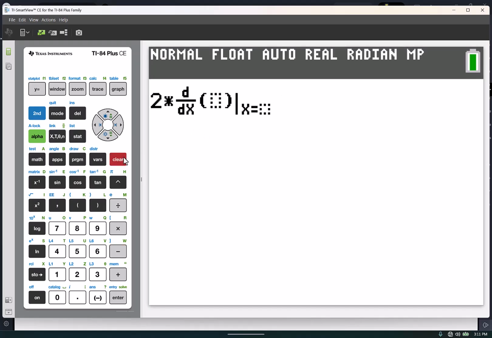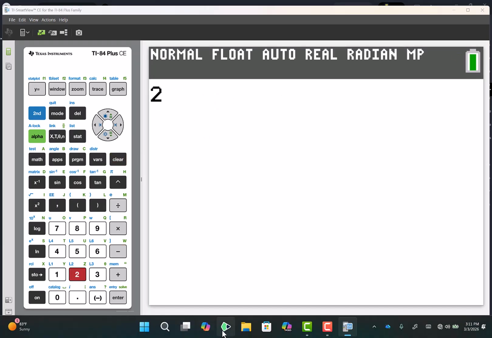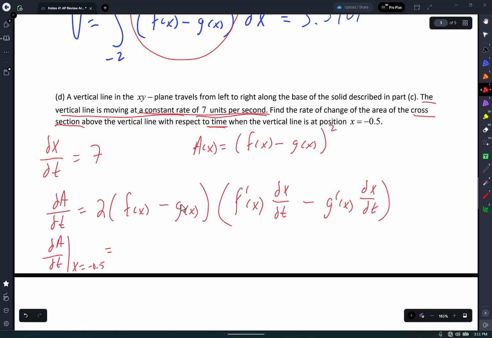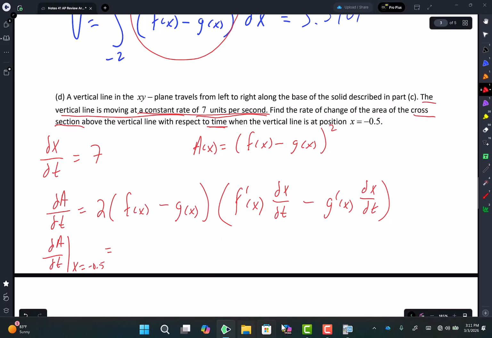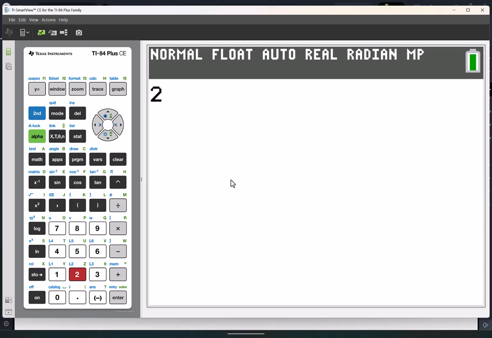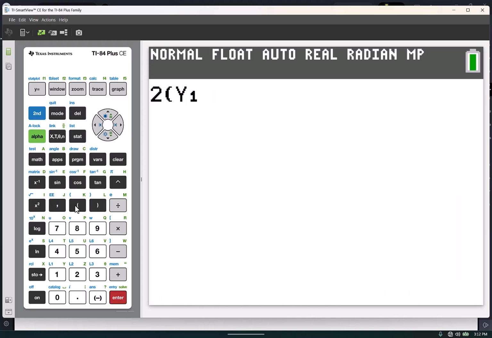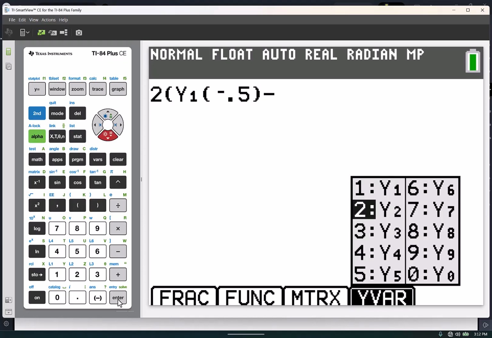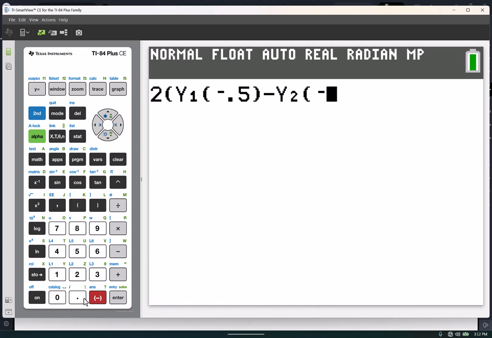Let me do it again. 2, and in the beginning, look, this is not a derivative right here. 2 f of x minus g of x. I want it to look like that. 2, open parenthesis, alpha trace y1, plug in a negative 0.5 in there. Negative 0.5 minus alpha trace y2, open parenthesis, negative 0.5. Close. I'll wait for everyone to get here. Is everyone right here right now?